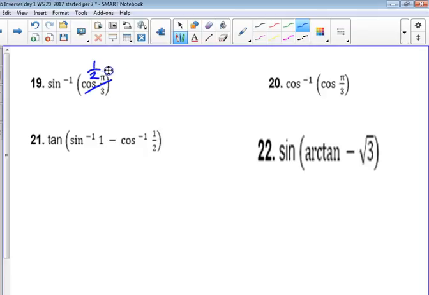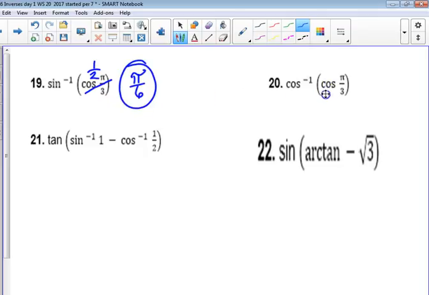Cassidy, can you help me there? I need an angle though. Where is a sine value of 1/2? So where's the y-coordinate 1/2? 30, or pi over 6. There we go.